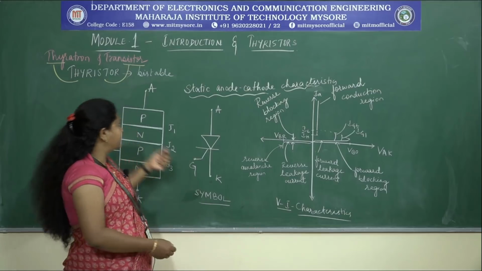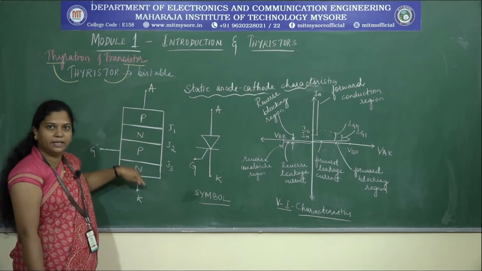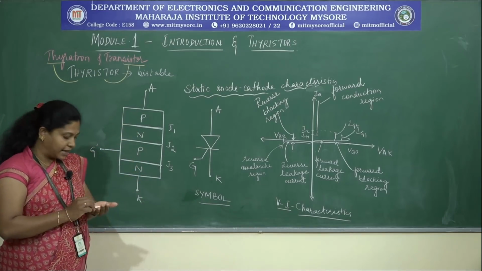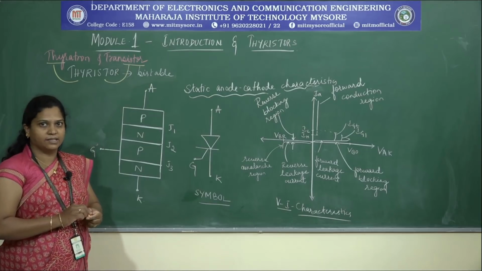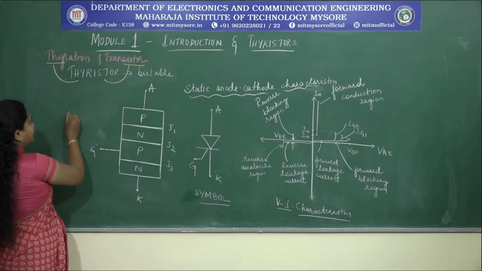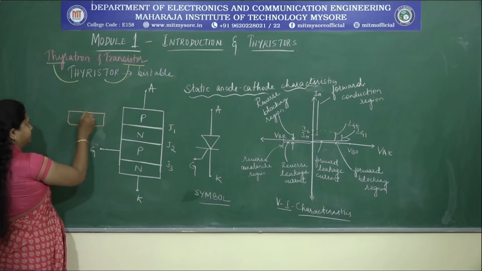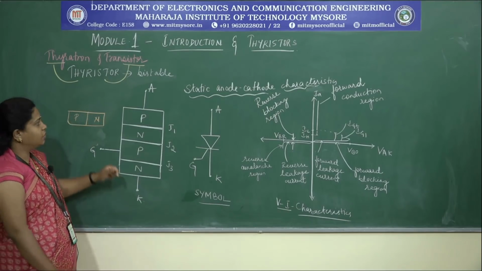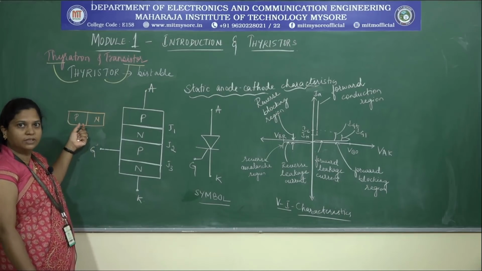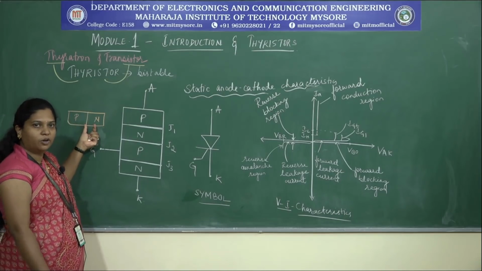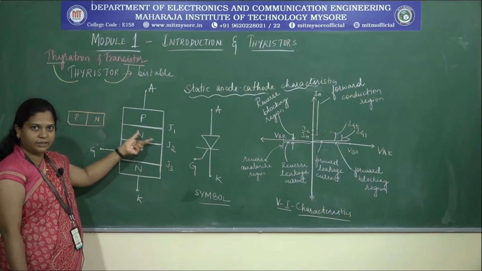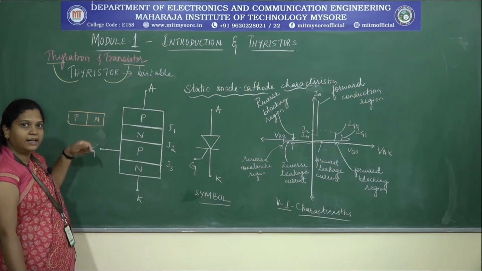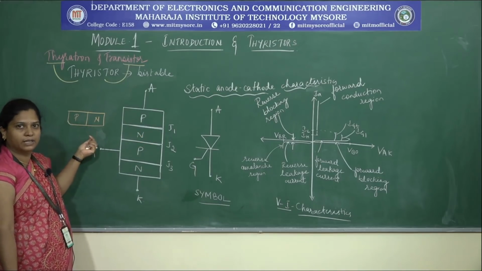Now as we see the structure PN, the similarity is like a PN device. A PN device is nothing but a diode, right. So let us go back to the functioning. In order to understand the working of the thyristor, let us understand how a simple diode works.